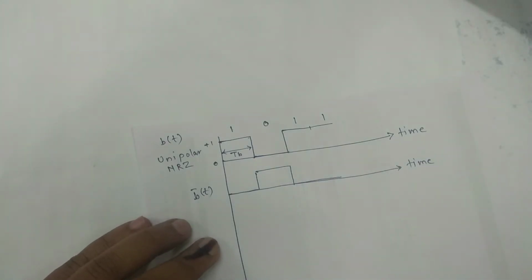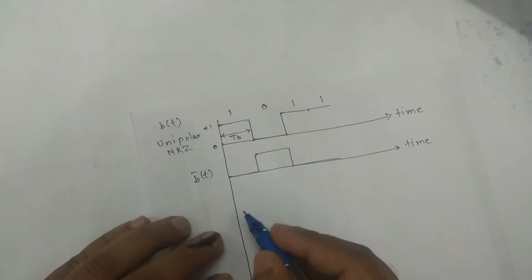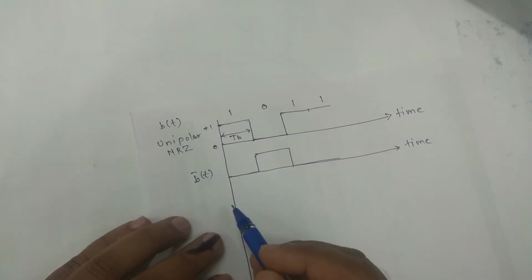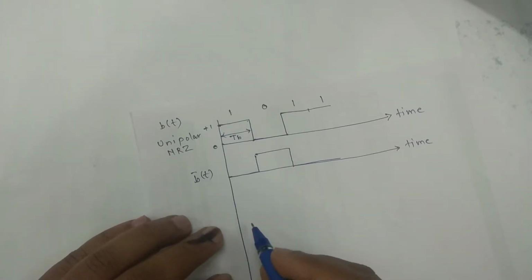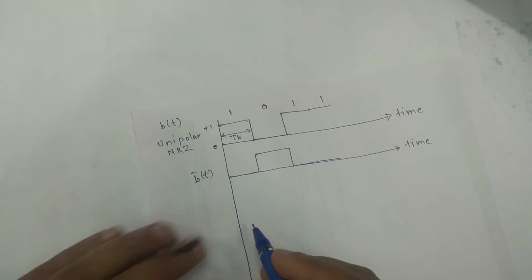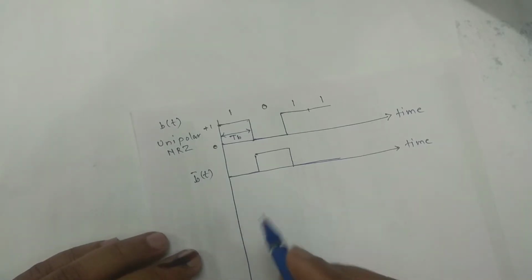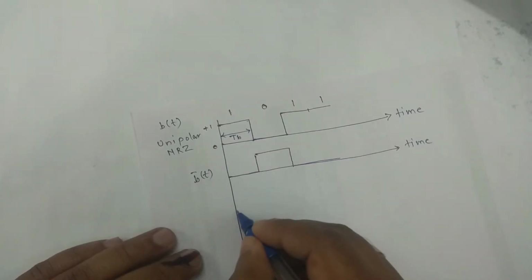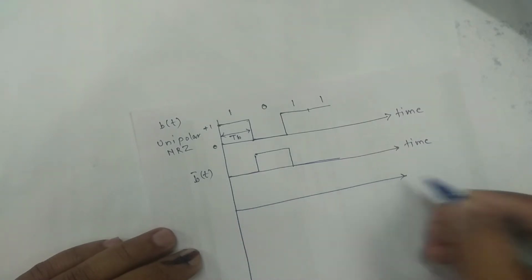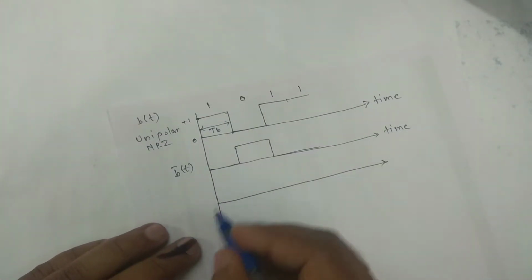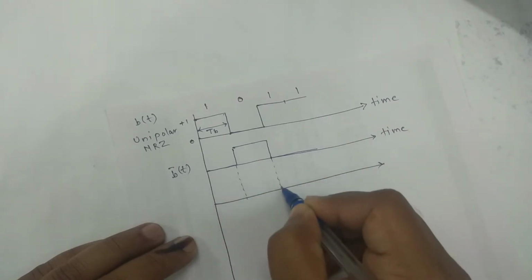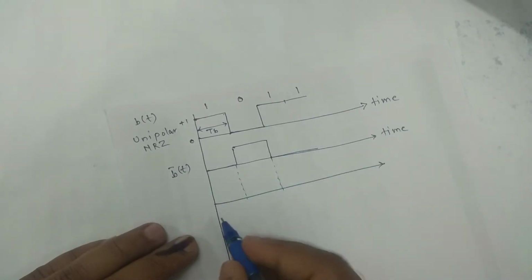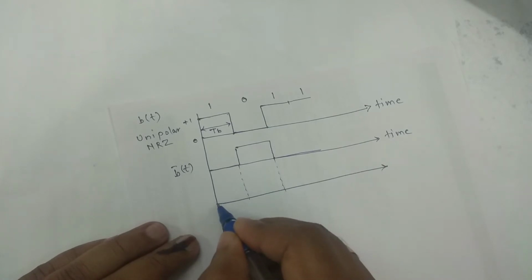Now, since the topic is BFSK, binary frequency shift keying, here we are going to use two frequencies for the generation of the FSK signal. One will be a high frequency and another a low frequency. So let us take one carrier with low frequency and another with high frequency.